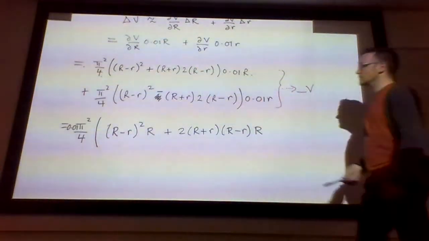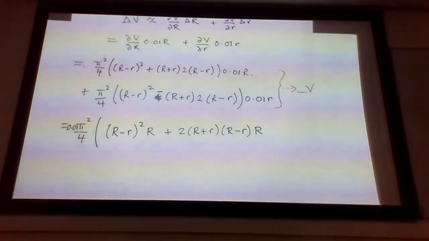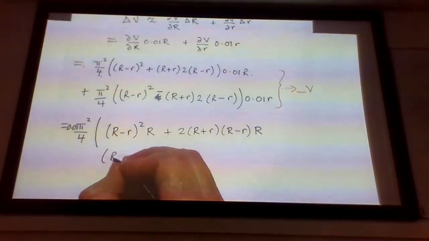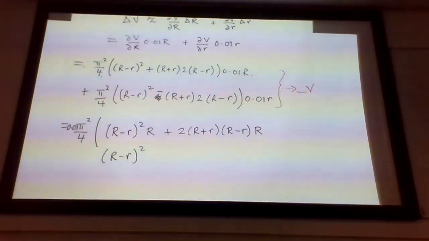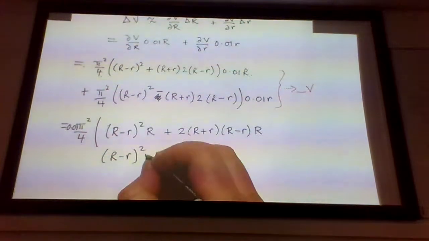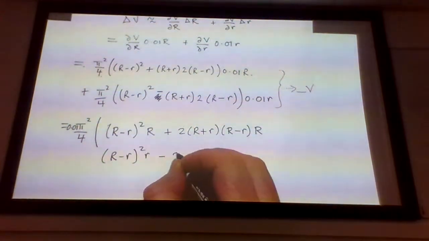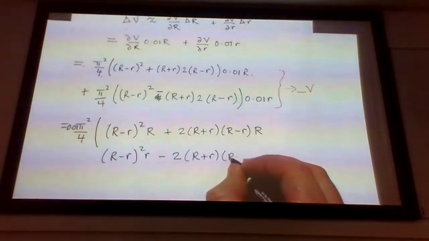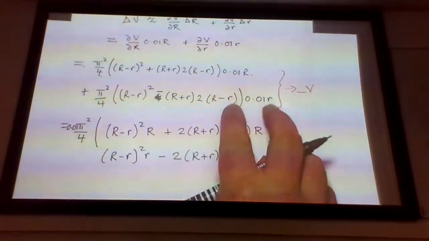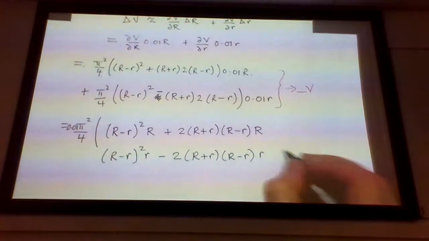The contribution from the bottom line is (R minus r) all squared, but this time multiplied by little r, and then (2r plus R) times (R minus r), finally multiplied by little r.